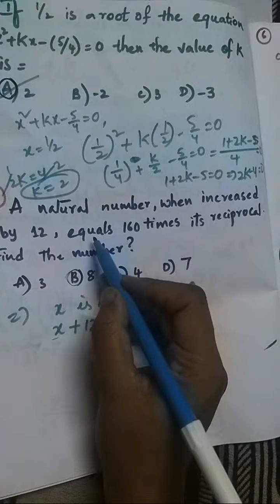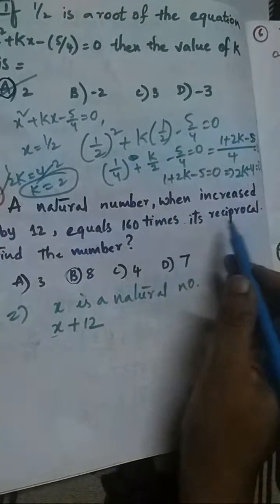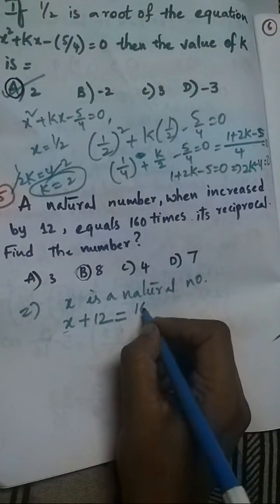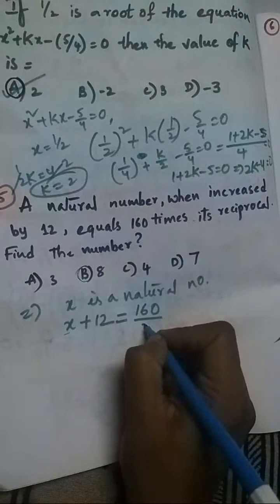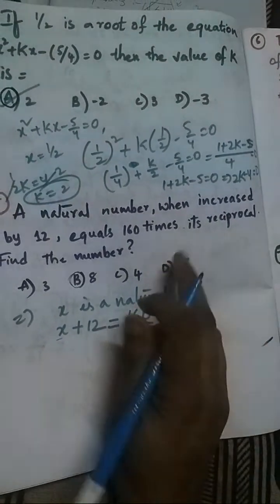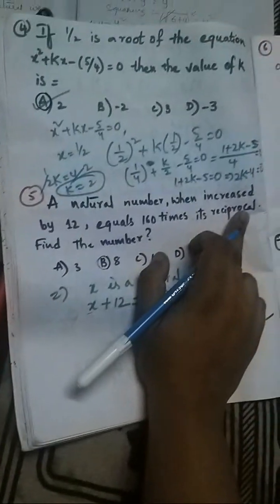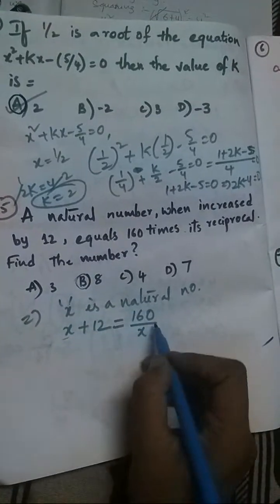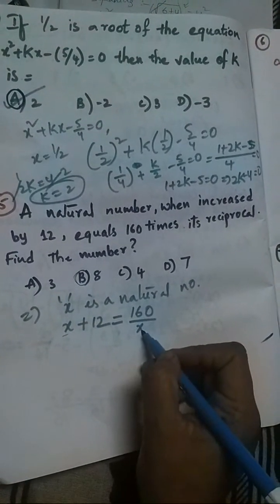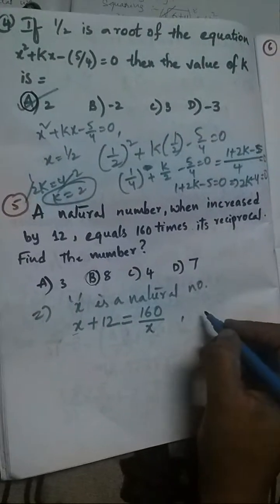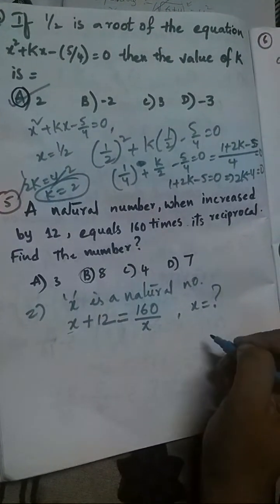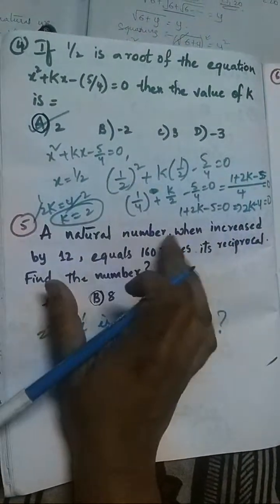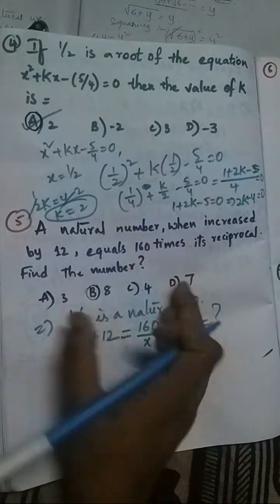Next, equals 160 times its reciprocal, means equals 160 by x. Now find the number means we have to find the value of x. Like this we have to understand the question step by step, otherwise we will get confused in the exam.